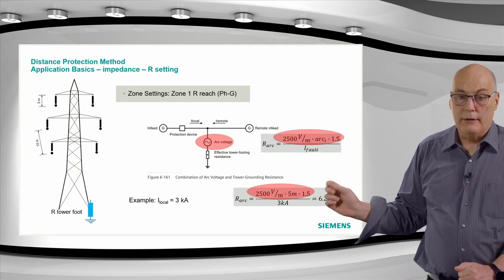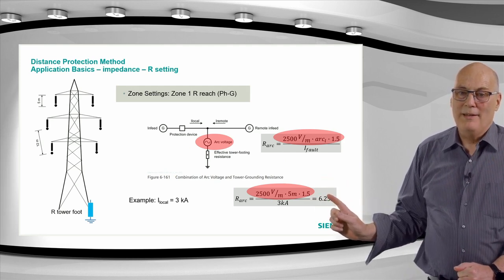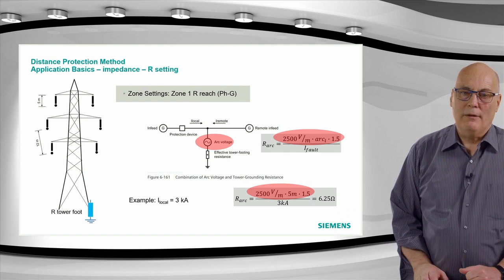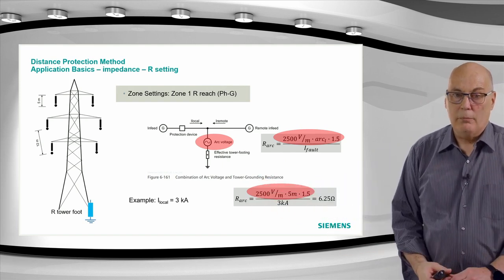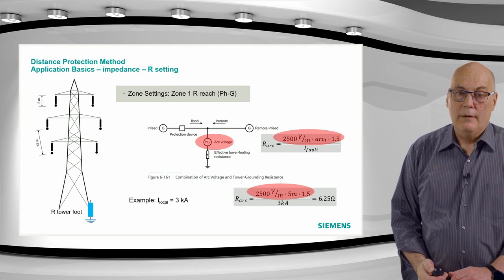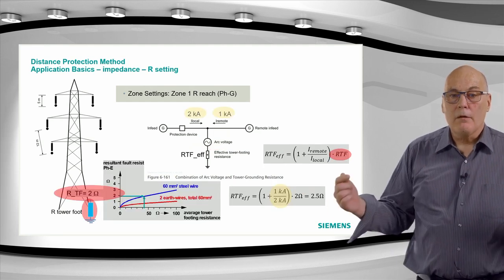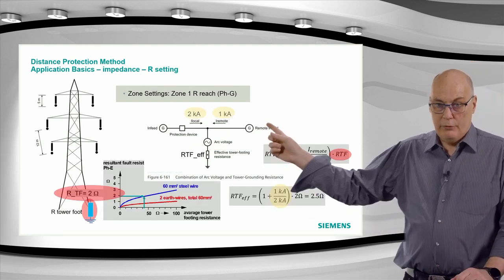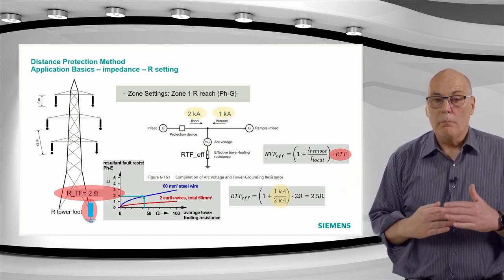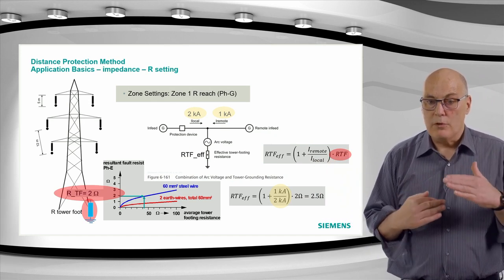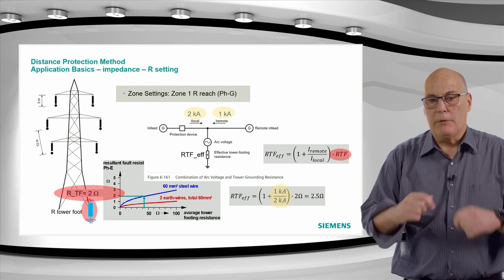All right, and we calculate that in our case for the tower footing resistance. At the bottom, you can see the arc resistance, first, the 6.25 ohms there. And we do that with 3 kiloamps in this example for the local current. And for the tower footing resistance, as I said, you have to consider the remote in-feed as well, because it's an ohm. It's now a resistance like Ohm's law, and the sum of the currents must be considered.